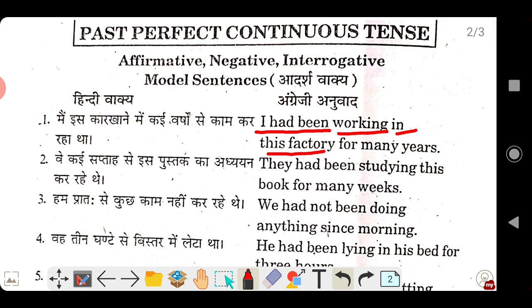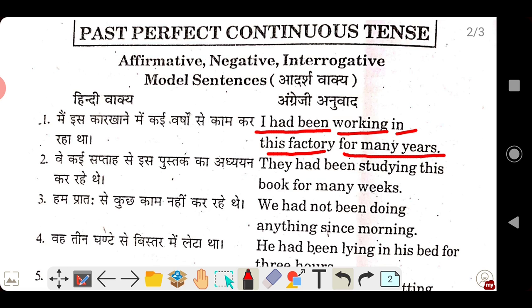In this factory for many years, because we are not sure where the action started. When we are sure about the time frame, the time duration, we use for, as in for many years. So in this case we have to attach for: I had been working in this factory for many years.